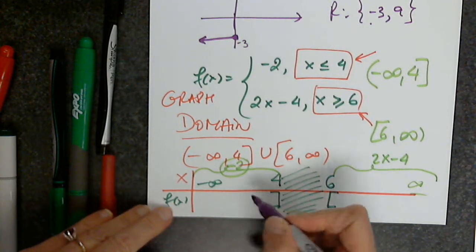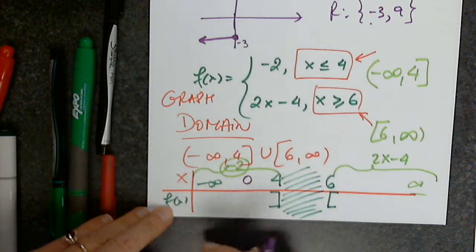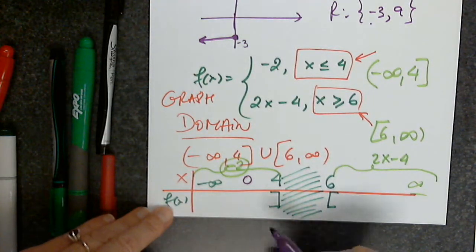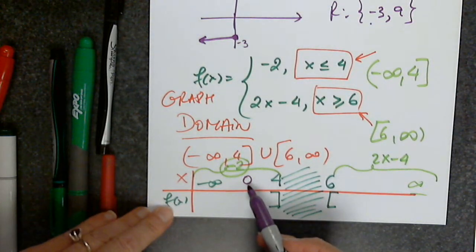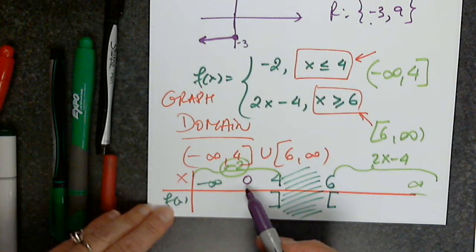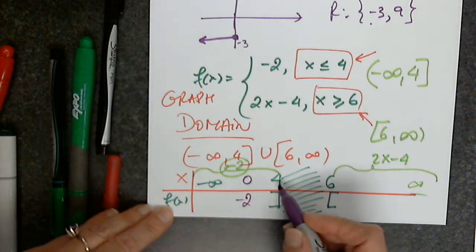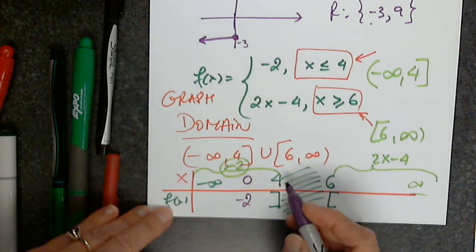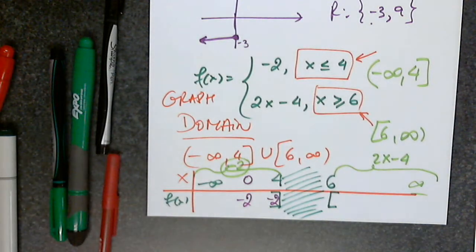So let's say I have to have 0. And when x is 0, how much is y? How much? Correct. When x is 4, how much is y? Of course. The function is negative 2, no matter what.